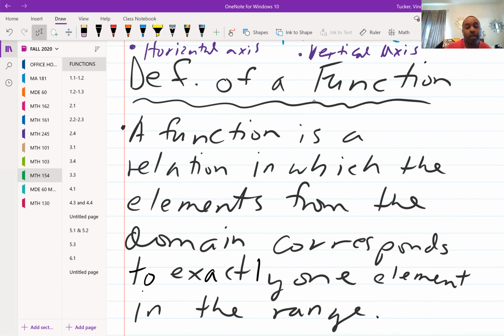So elements from the domain correspond to exactly one element in the range.